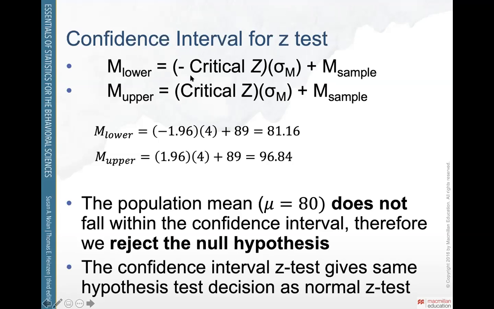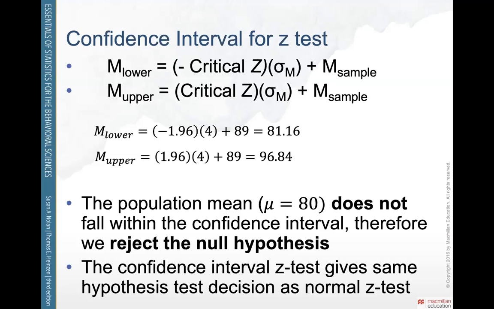And I think including the word critical is very important, because when we're doing these types of problems, there are two z-scores that we always have to worry about. There's the z that corresponds to the sample mean, but there's also the critical z. The critical z is that z-score that marks those boundaries. And then the sample z is the z-score that corresponds to our sample mean, which could either fall in the critical region or not.